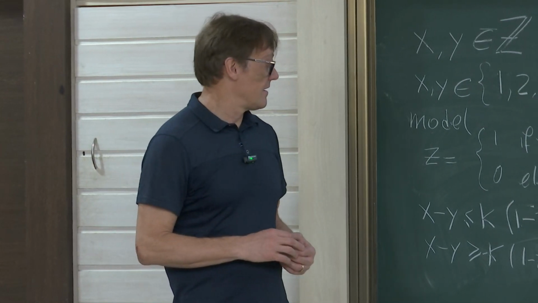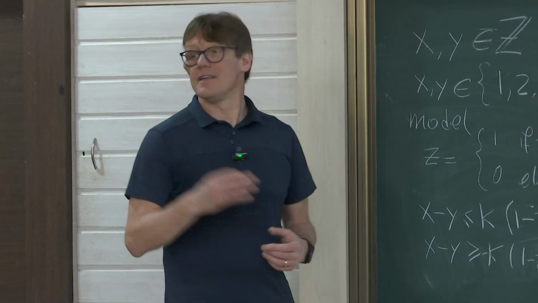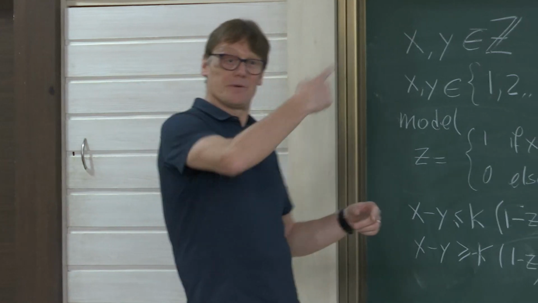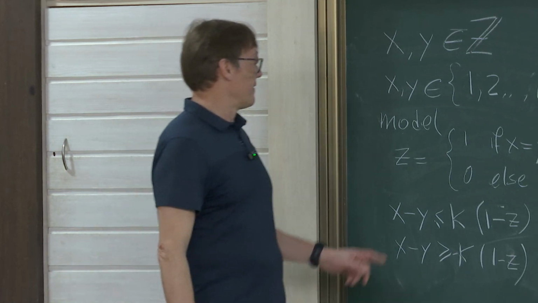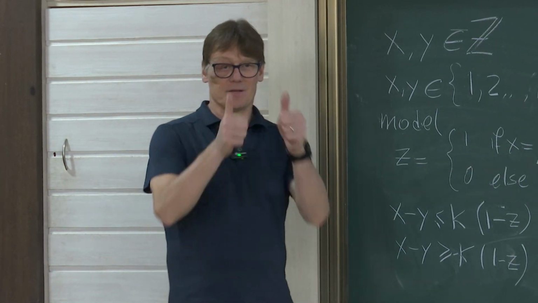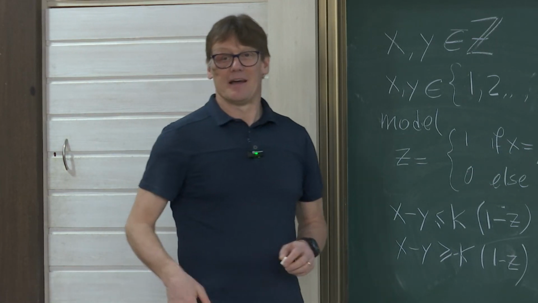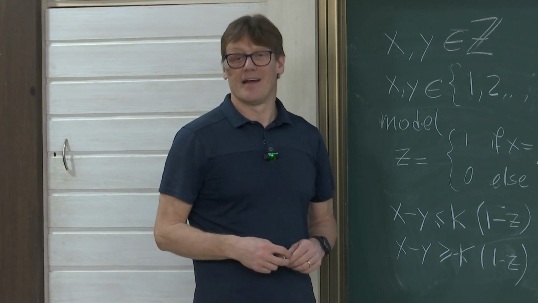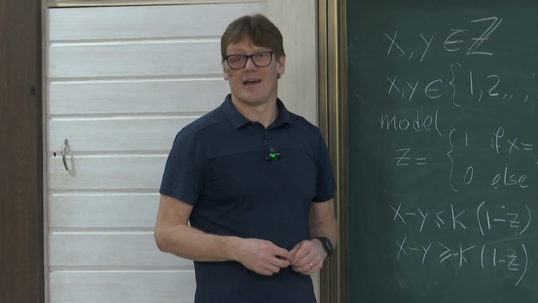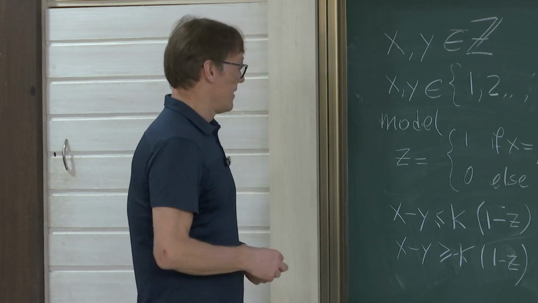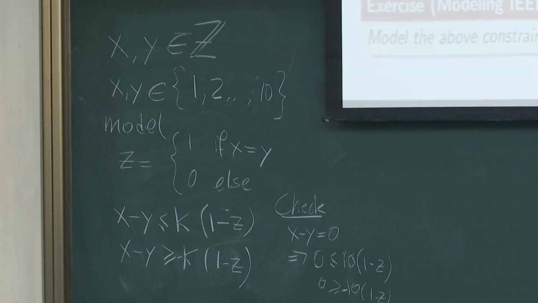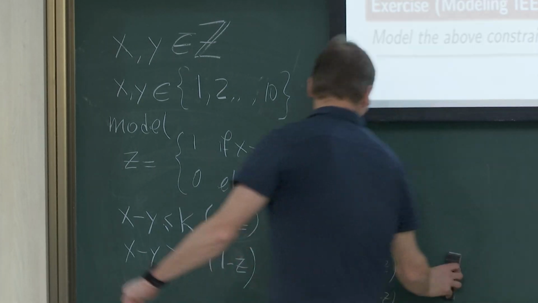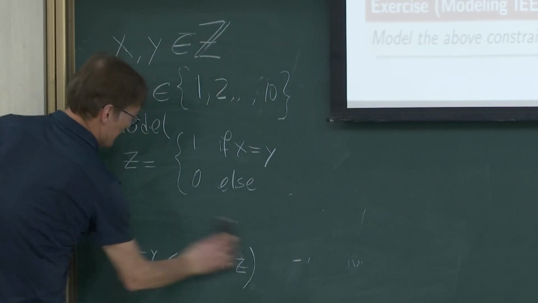So if z is equal to 1, it does exactly the opposite. You're right. If z is equal to 1, then x is equal to y. So we've done that case. x minus y is equal to 1 minus z. That half is completely right. Okay, let's do the next one.